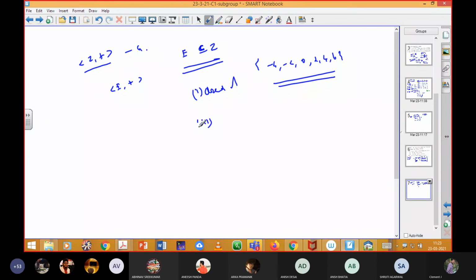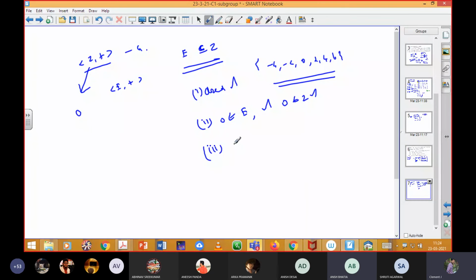Next, what is the identity element of Z comma plus? 0. Certainly 0 belongs to E, and also 0 belongs to Z, so it is true. Third one, inverse. Will it be true or not?